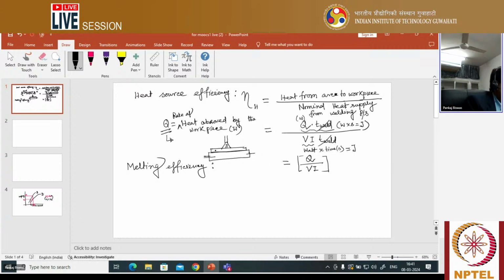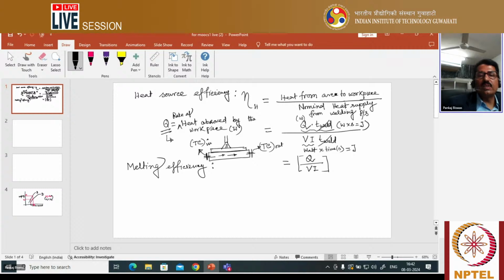In this calorimeter we use an inlet water pipe and an outlet water pipe, so water flows through this calorimeter. The calorimeter has two thermocouples. This one I am writing as TC out, and on the inlet side there is also a thermocouple, which I am writing as TC in.